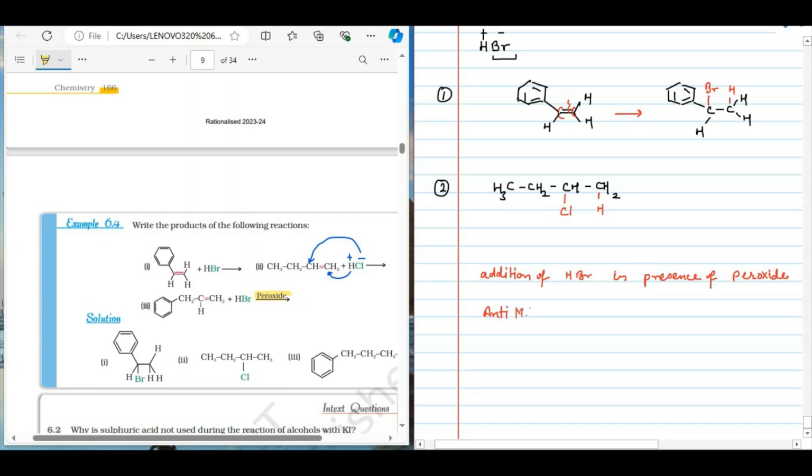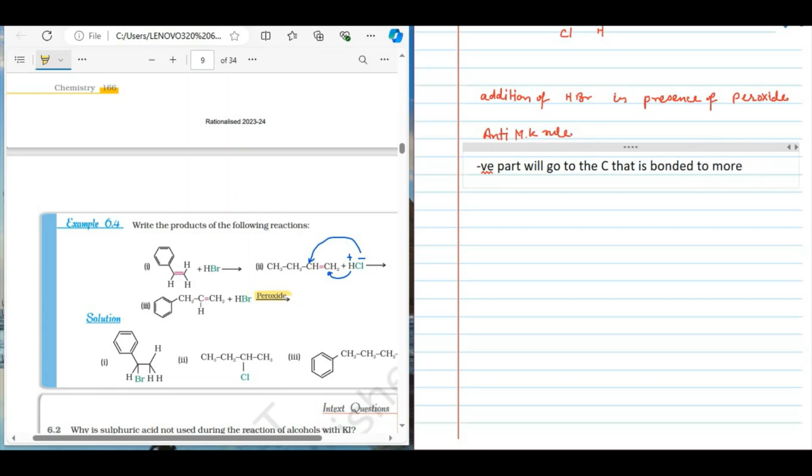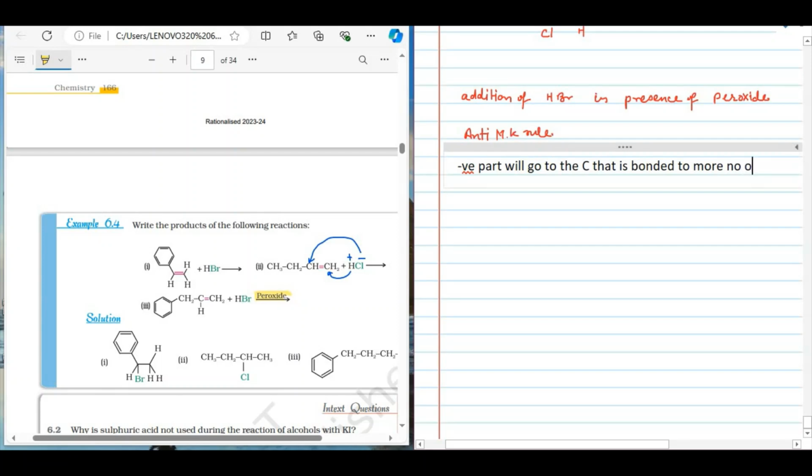So anti-MK rule, you have to follow anti-MK rule. Means now negative part will go to the carbon which is bonded to more number of hydrogen. So according to anti-Markovnikov rule, now negative part will go to the carbon that is bonded to more number of.